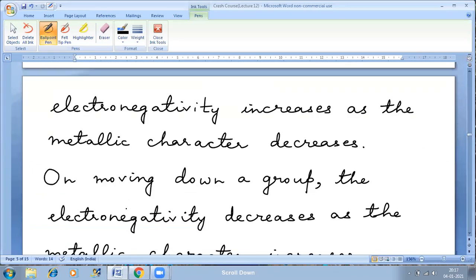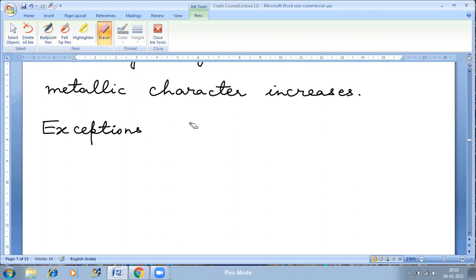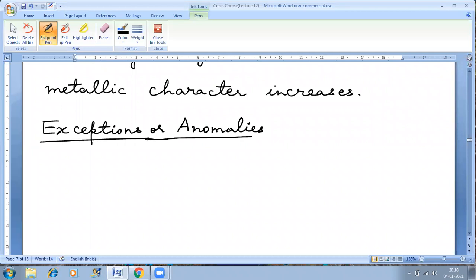Now, apart from that, there are some exceptions or anomalies.